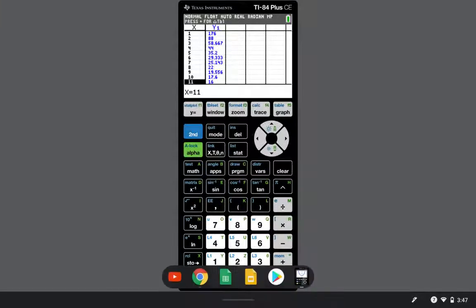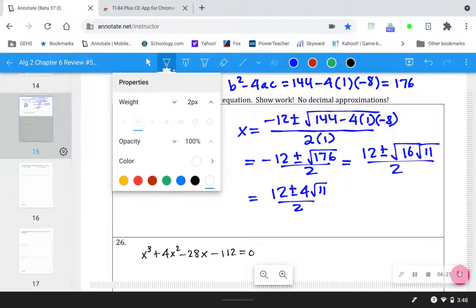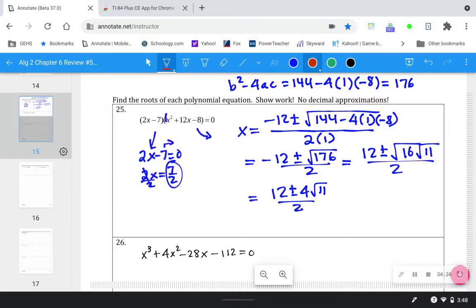So now I'm going to go back to my paper and write 16 for the first radical and 11 for the second. If you take the square root of 16, you get 4. And then you can cancel in the triad here. So let me show you what that looks like. Divide this by 2, divide this by 2, and divide that by 2.